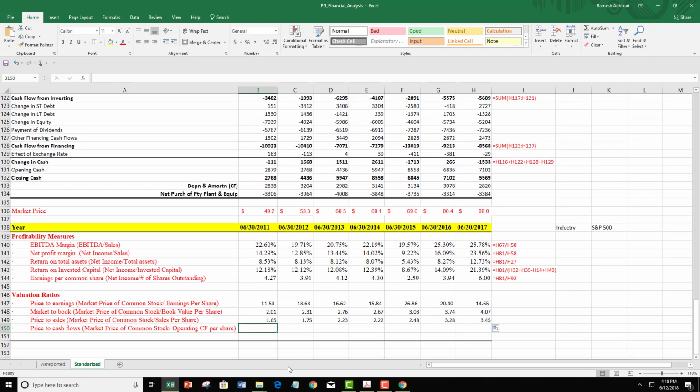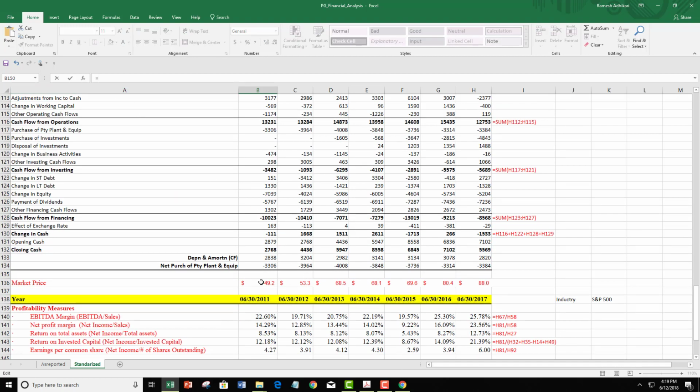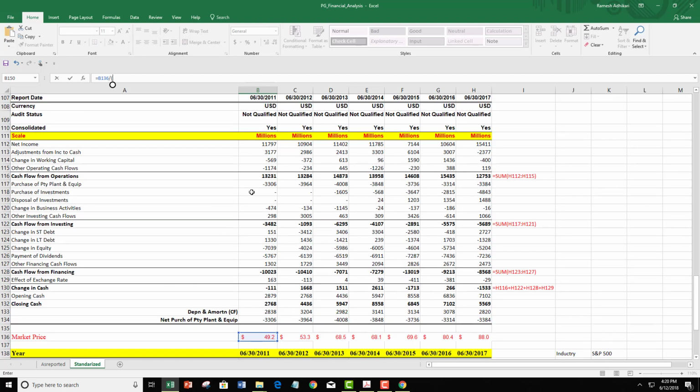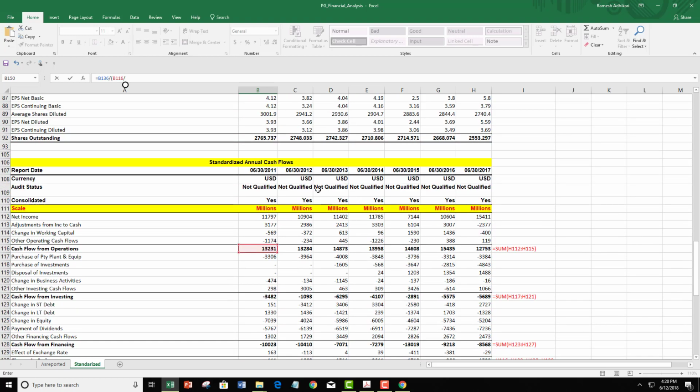And finally, I have price to cash flows, which is the market price divided by operating cash flow per share. So close the bracket, and now you need cash flow from operations, which in this case is row 116, over the number of shares outstanding, which is in row 92.